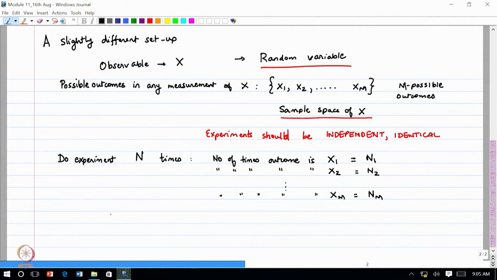So, now you can ask what is the probability that the outcome equals x 1. This is denoted by p of x 1, and this is just n 1 divided by n 1 plus n 2 up to n m. Similarly, you can do it for any outcome. So, p of x j is equal to n j divided by the sum over i equal to 1 to m of n i.